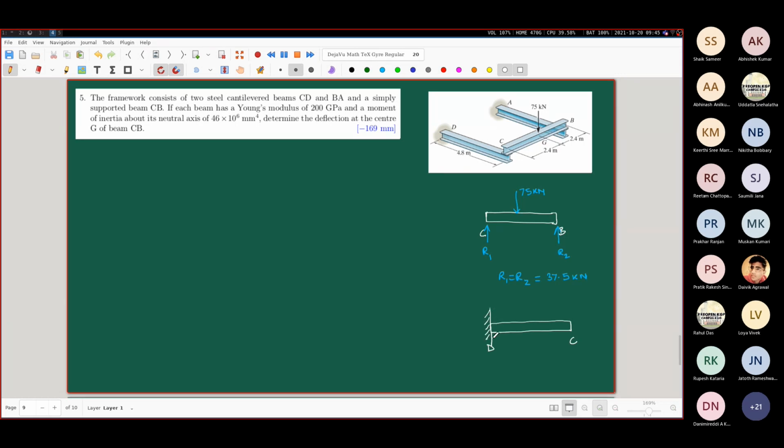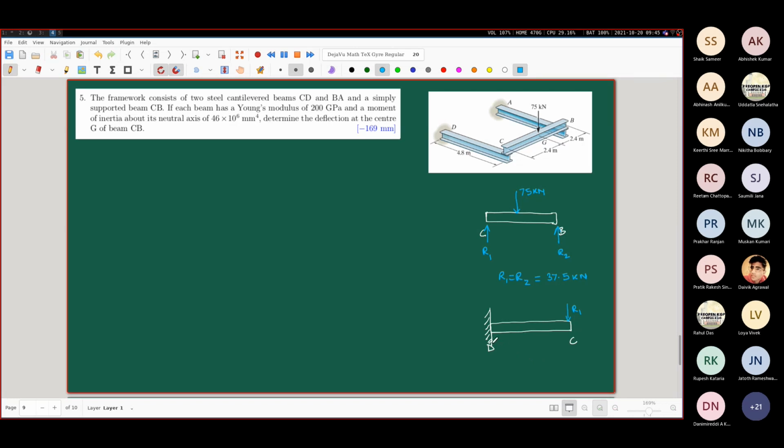So it's like this. The force acting at the end C is nothing but this force R1 itself. Similarly, if you consider the AB beam, it will be exactly like this, except that we'll have the force R2 here, but R1 is equal to R2.